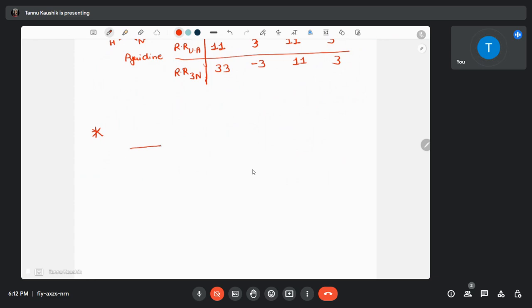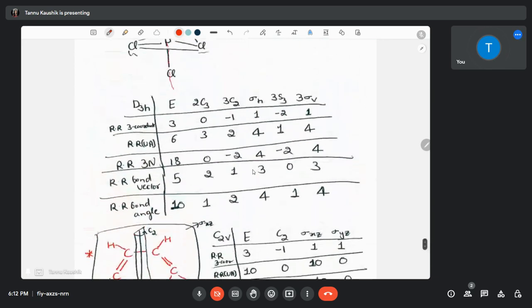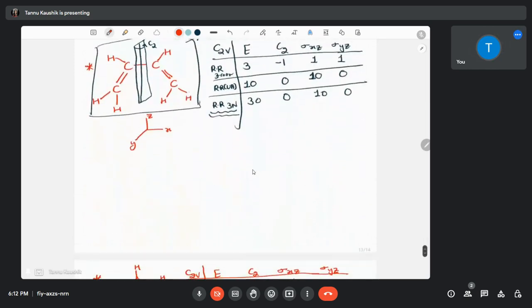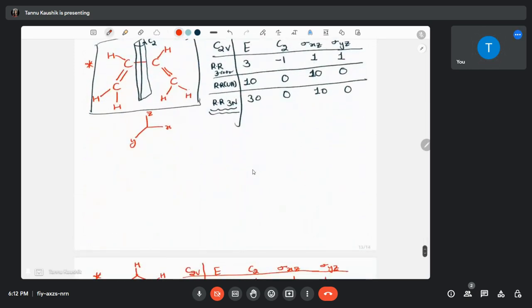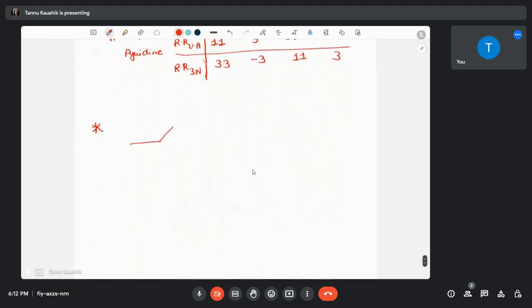So another example is this trans-buta-1,3-diene. Above this was cis-buta-1,3-diene, and this one is trans.